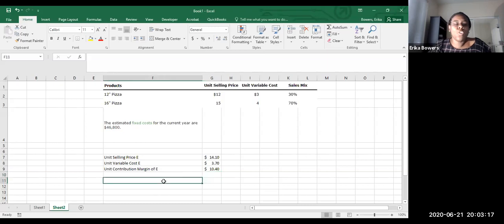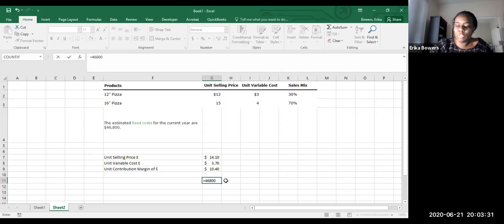Now we know that our formula is fixed cost divided by the unit contribution margin. Our fixed cost is $46,800. So $46,800 divided by $10.40 tells me I must sell 4,500 units in order to break even.